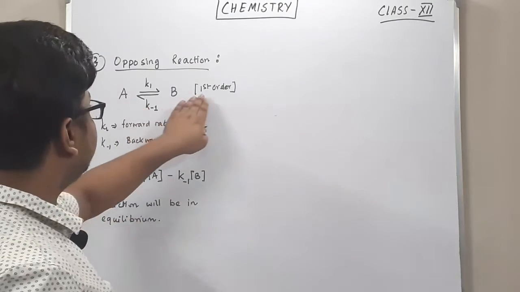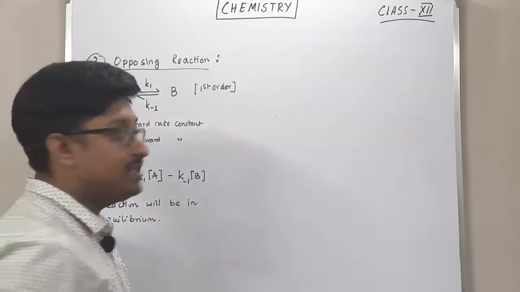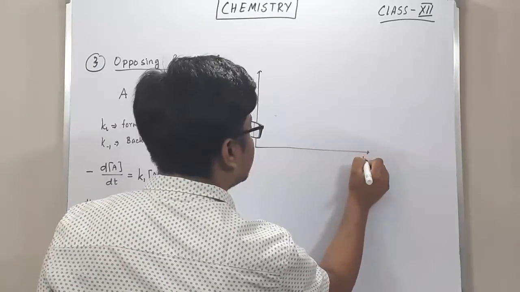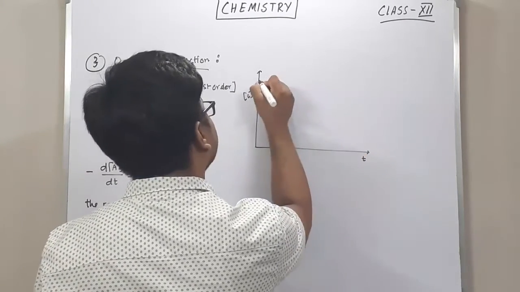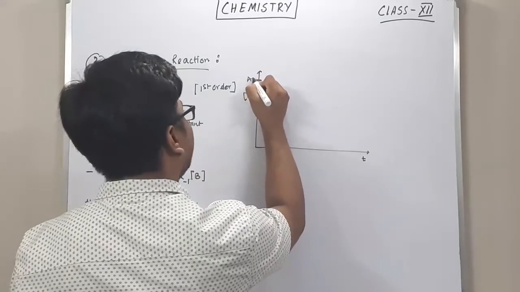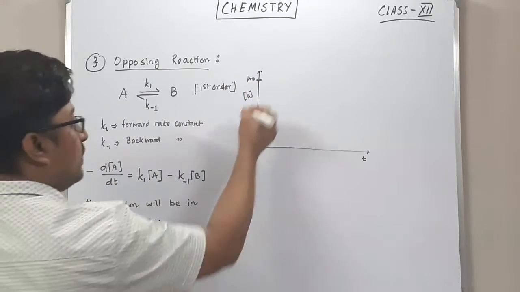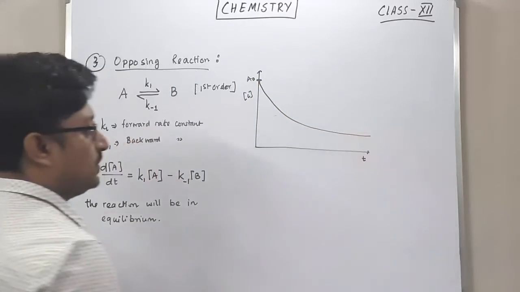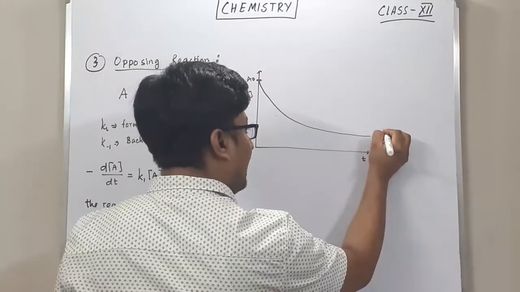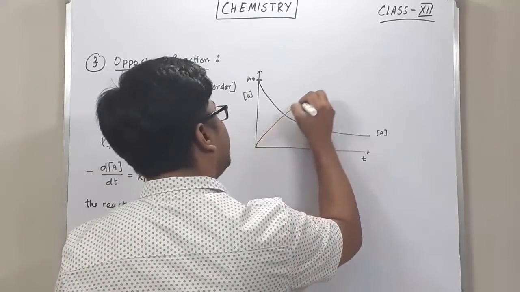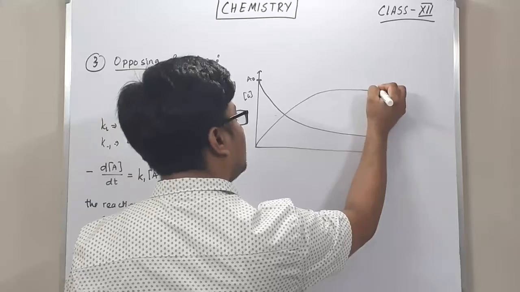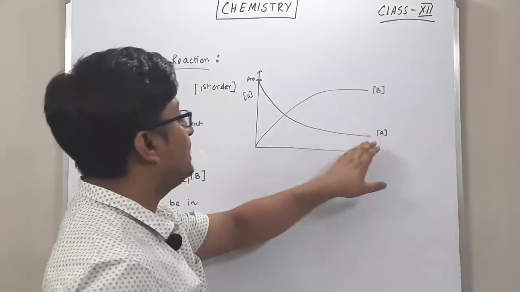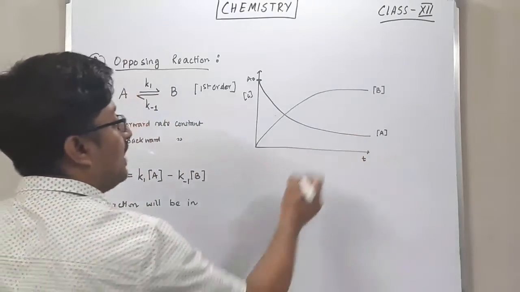Since in both cases they are first order with respect to each other, if I plot the concentration with respect to time, initially let's say this is your A0, the concentration of A. After a certain time the concentration of A will decrease, and at the same time the concentration of B will increase. Now, after a time what will happen?